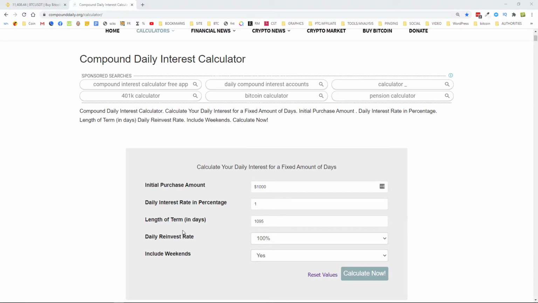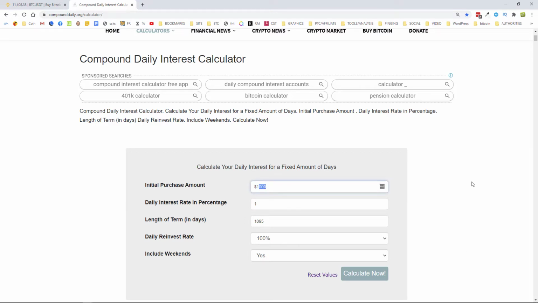Alright, so here we are again. I've actually changed this to 3 years because I think it's a lot more impressive. Imagine that we're starting off with $1,000 and we want to grow that $1,000 by reinvesting anything that we make on it.